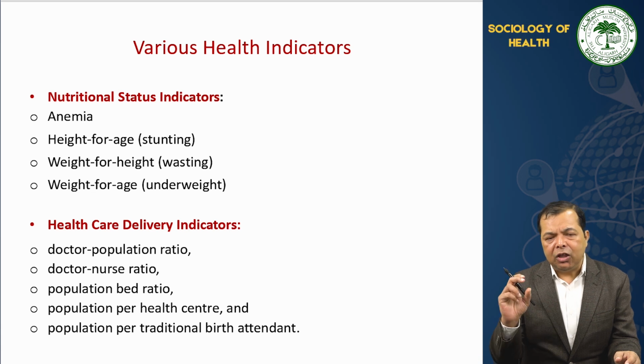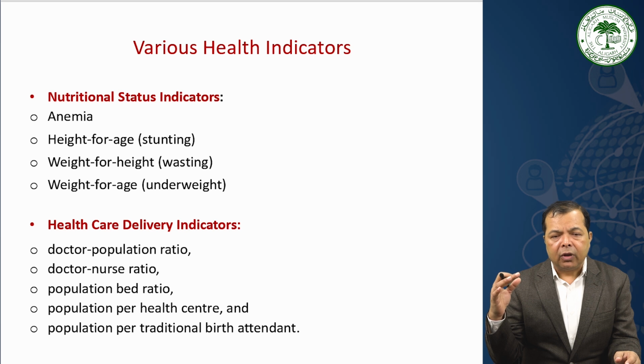Basically, when the age is increasing and the height is not increasing, this is known as stunting. When the height is increasing and the weight is not increasing, this is known as wasting. And when the age is increasing but the weight is not increasing, this is known as underweight. All these situations indicate malnutrition.